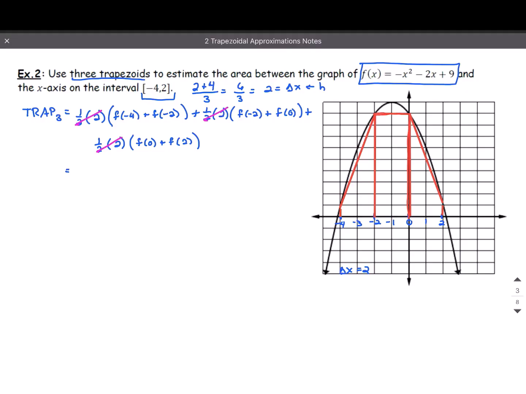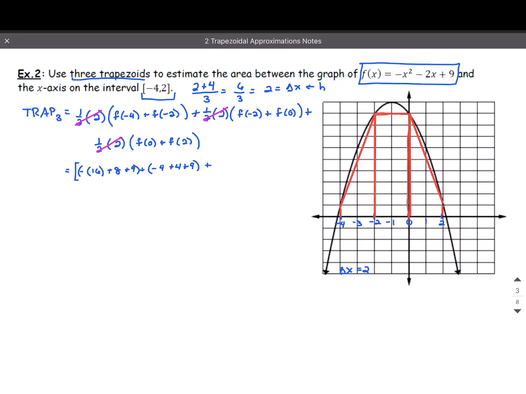Now, f of -4 means the negation of 16 minus 2 times -4 is 8, so it's going to be plus 8. And then we're going to have a plus 9. Plus, now we have to plug in the -2. It's going to be the negation of 4, -2, that's a plus 4, plus 9.